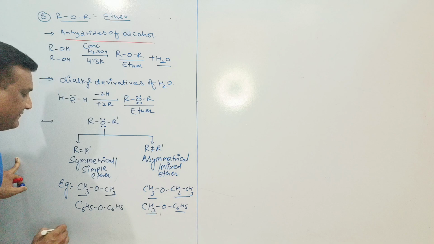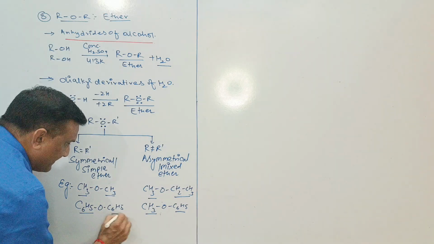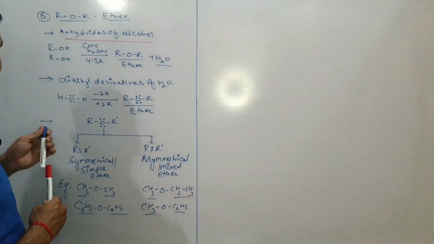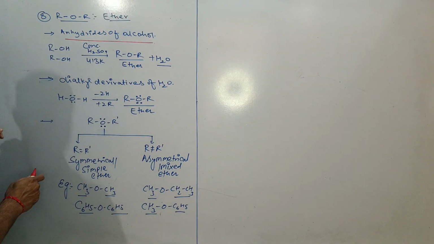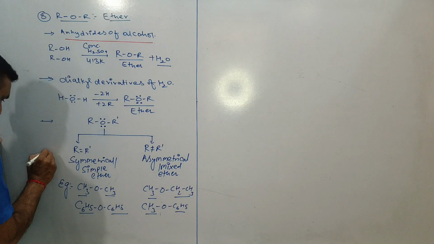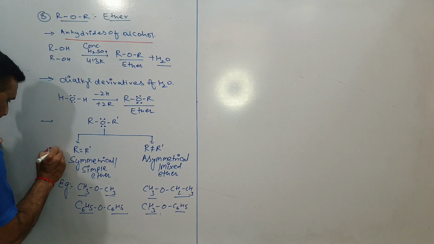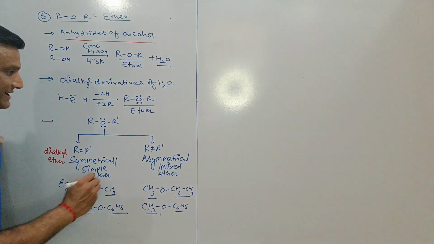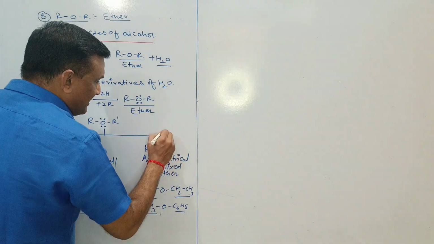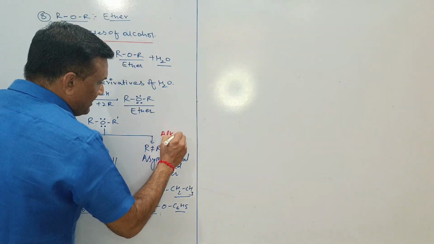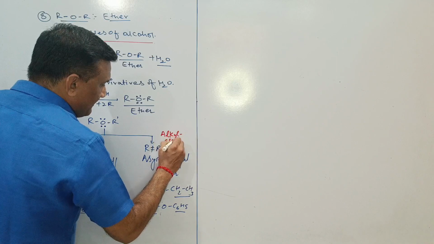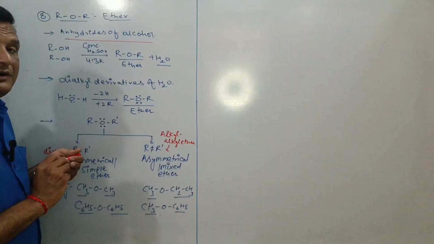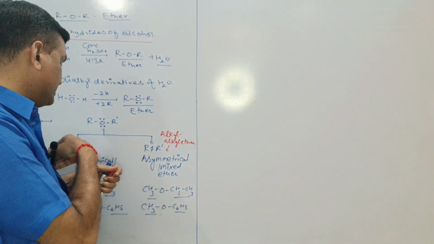If I go with symmetrical ether, we call them dialkyl ether. And for asymmetrical ether, these are known as alkyl alkyl ether. We'll take a lot of practice regarding this.